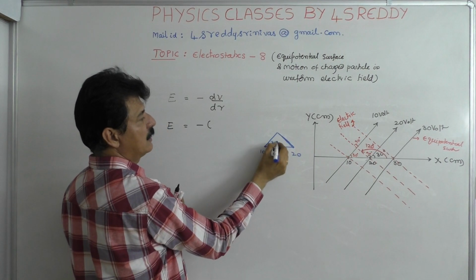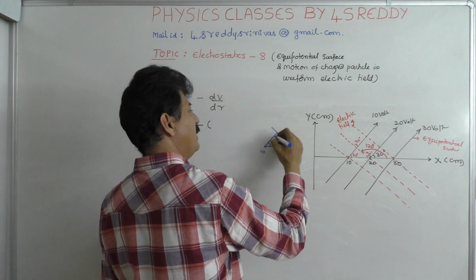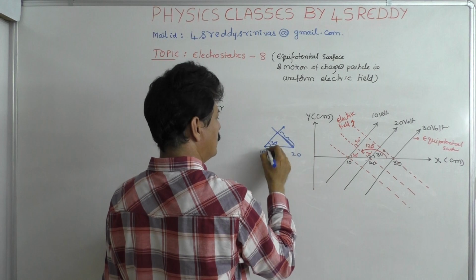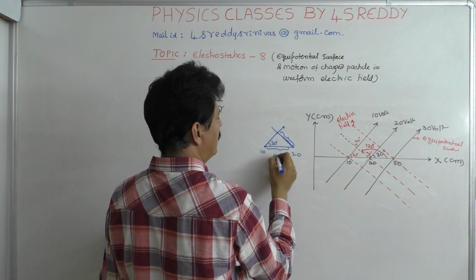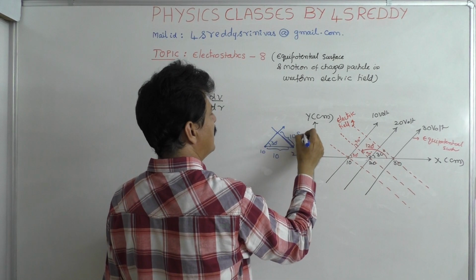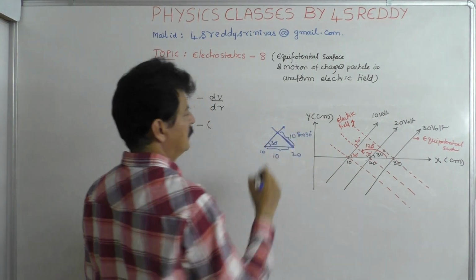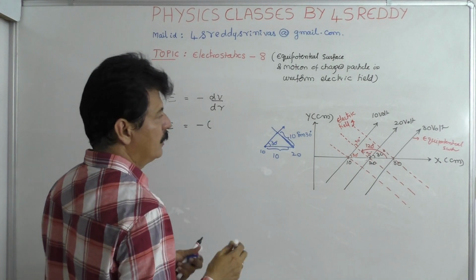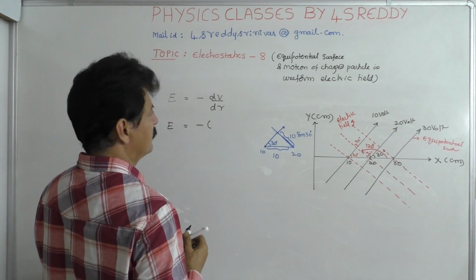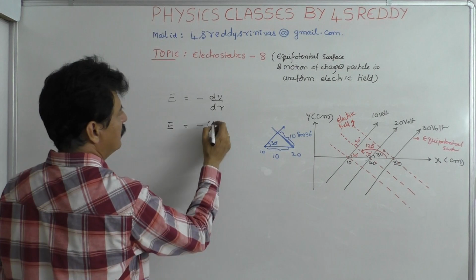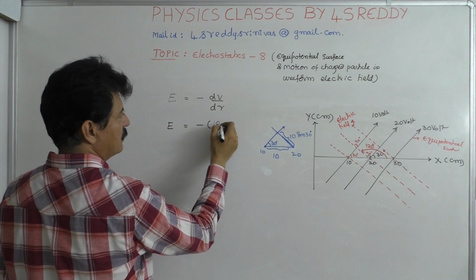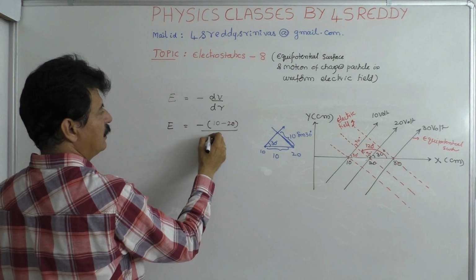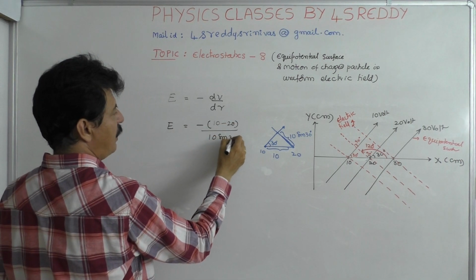This is making an angle of 30 degrees. If this is making an angle of 30 degrees, this becomes, if this is 10, 10 sine 30 degrees. Therefore, E is equal to, what can you write there? dV is nothing but 10 minus 20, by 10 sine 30.